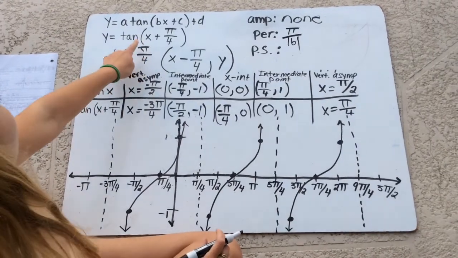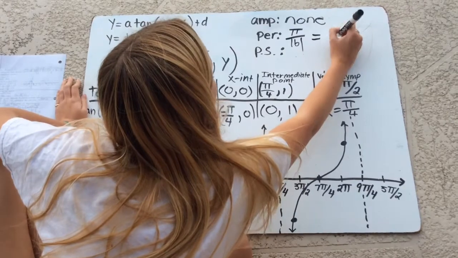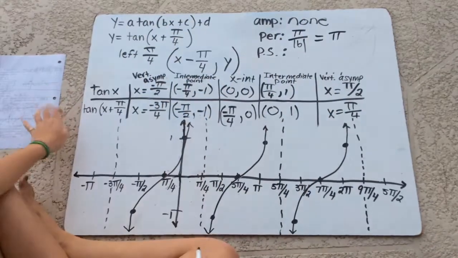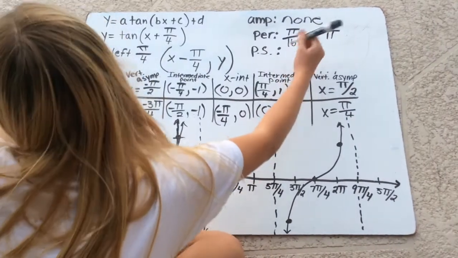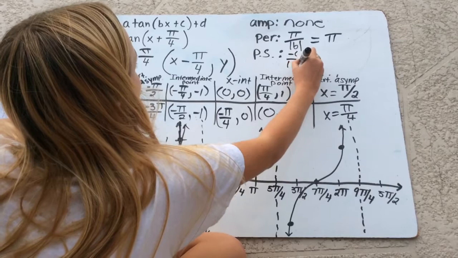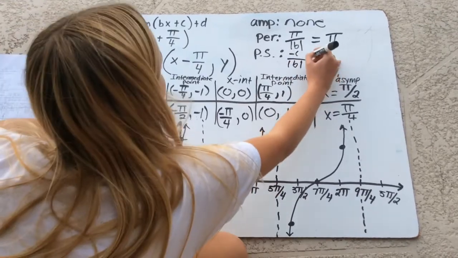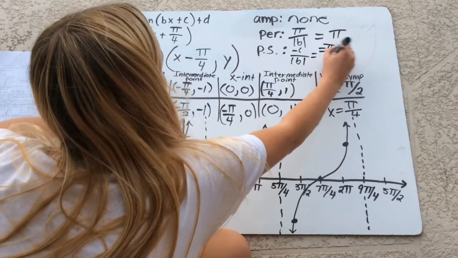In this case, b is 1. So our period is pi. The phase shift of this graph can be defined by negative c over the absolute value of b. C is negative pi over 4.